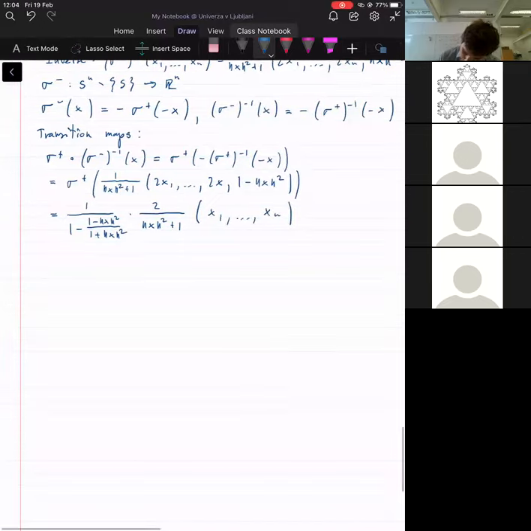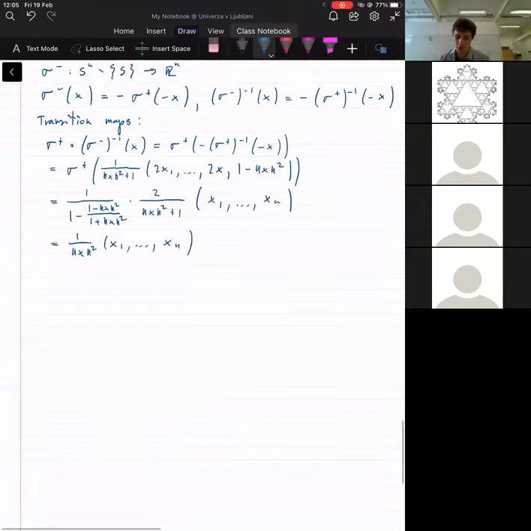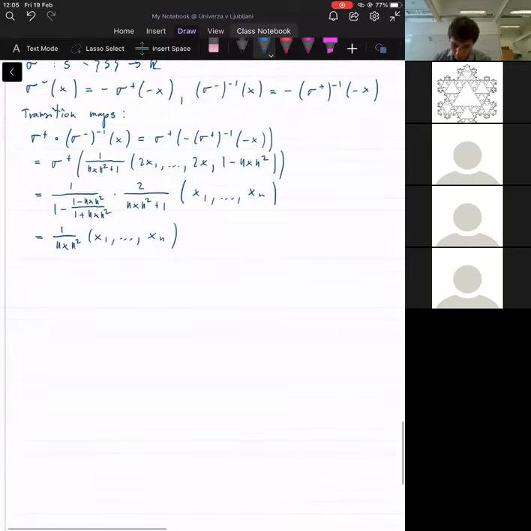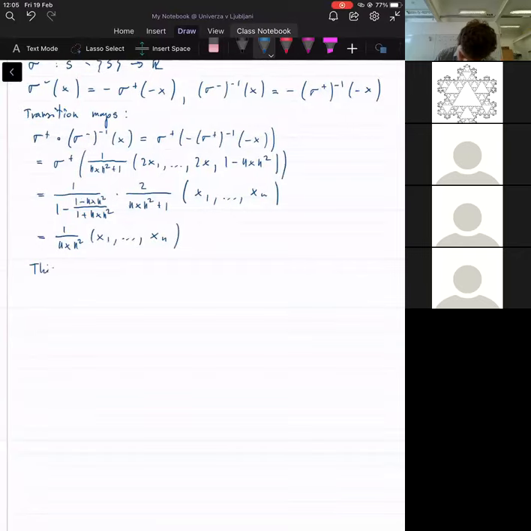But this is now nothing else but 1 over norm x squared times x1 to xn. And note that this composition should be checked for any x that is different from 0, for all x that are different from the 0 vector in Rn.